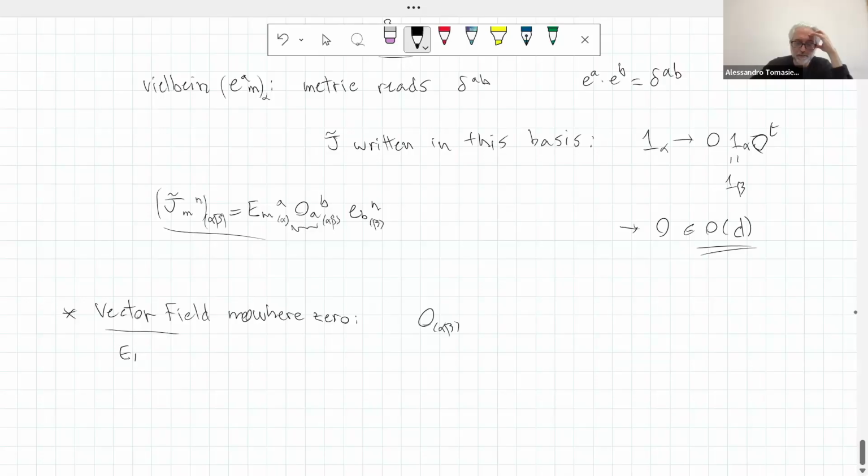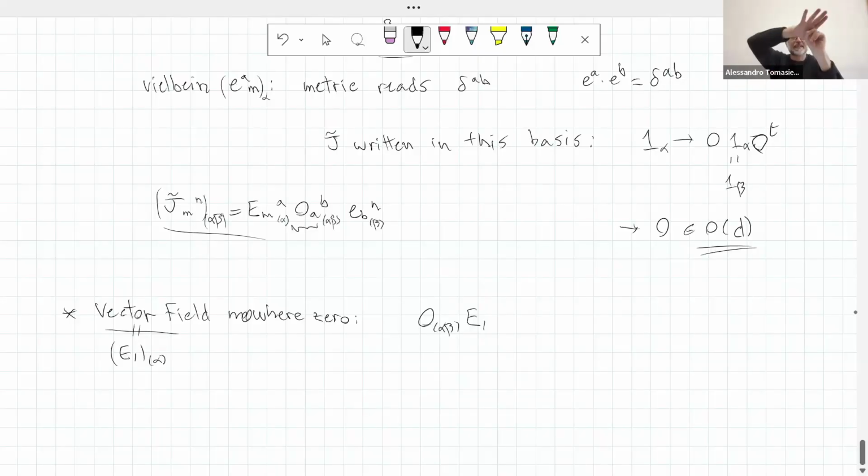Well, then it turns out that the transition functions, schematically, if I set this vector field equal to E1 on every U alpha, which I can do, I can choose the vector field in the vielbein in this way. I just start with this.